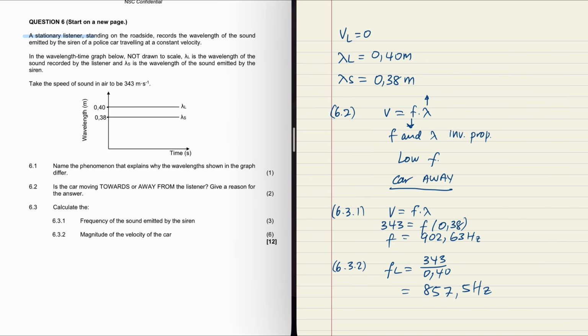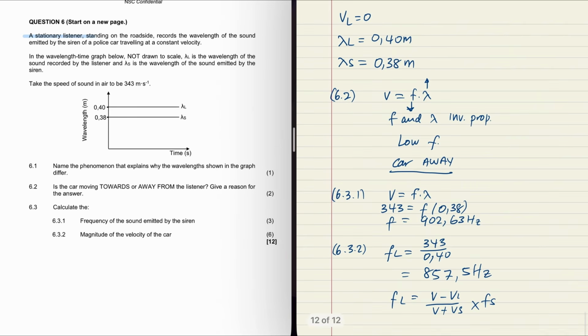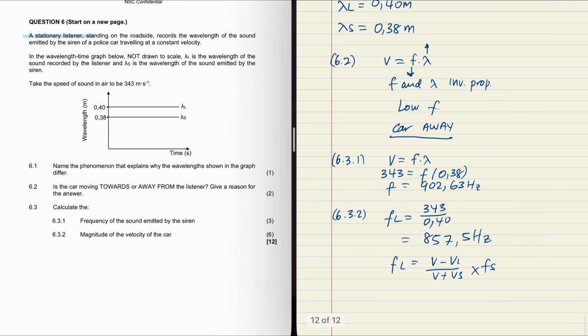Now I can use the Doppler formula. So since it is moving away, the formula is going to be FL is going to equal V minus VL divided by V plus Vs multiplied by Fs. Now we just have to substitute. 857.5 is equal to 343.